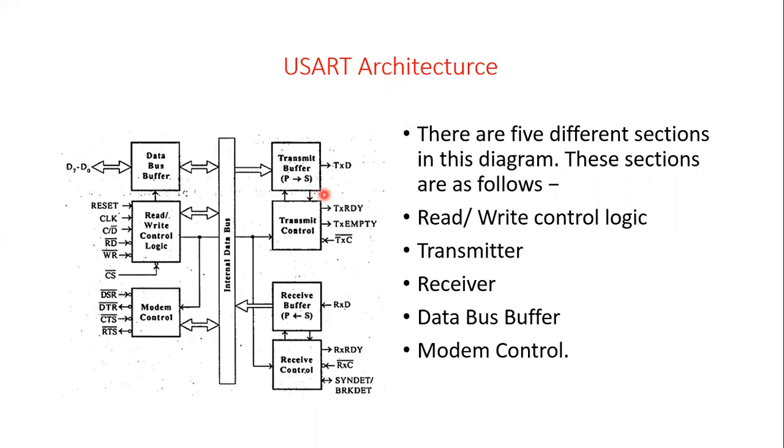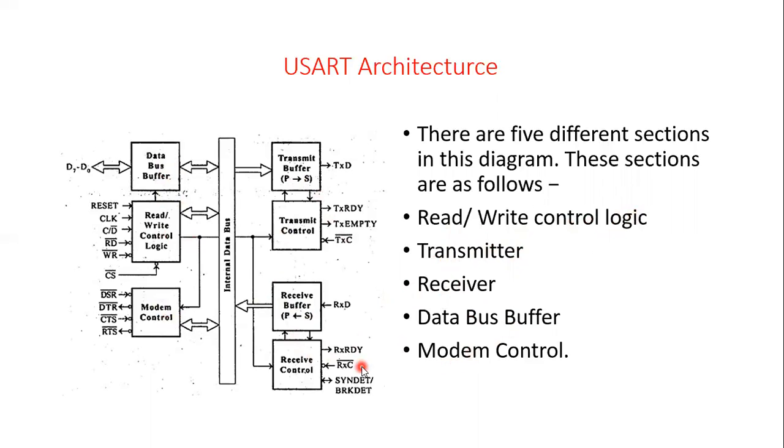It includes 5 sections: read-write control logic, then transmitter, then receiver, data bus buffer, and modem control. Okay, so 5 units: read-write control logic, transmitter, receiver, data bus buffer, and modem control.